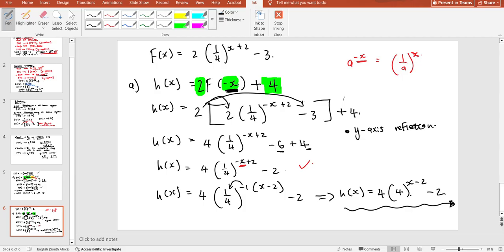It was reflected in the y-axis. The other thing that happened there, it was moved 4 units up. 4 units up. And what else happened there? It was stretched by 2. Stretched by a factor of 2.